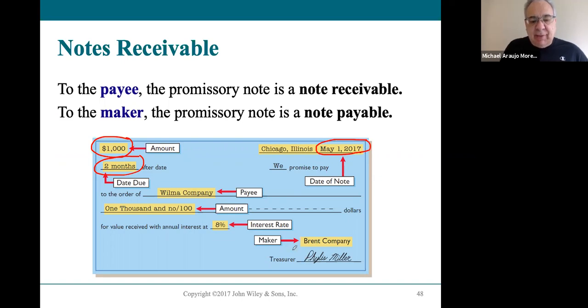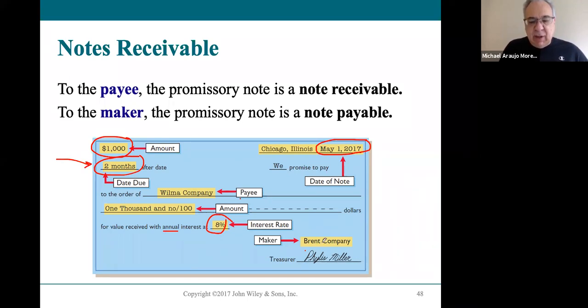You have the company that is making the loan, the company that is getting the loan and paying it back. Interest rates, very important. And remember too, this interest rate is an annual interest rate, although the loan is only for 2 months. This is an annual interest rate.